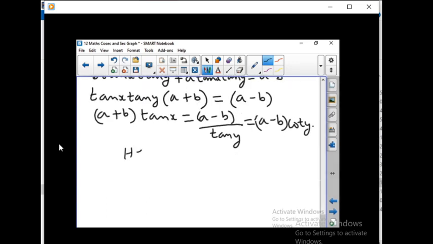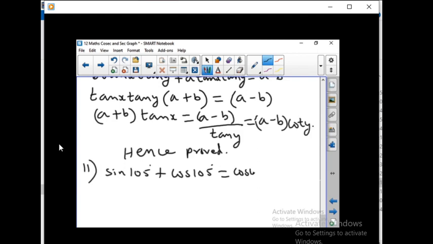Okay, now coming to question number 11. Prove that sin 105 plus cos 105 is equal to cos 45.